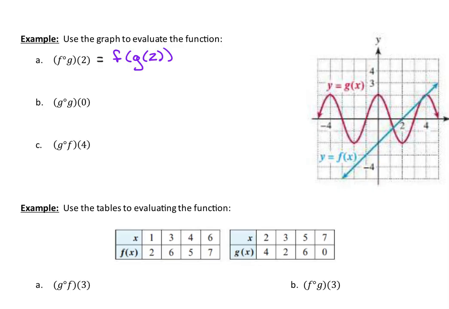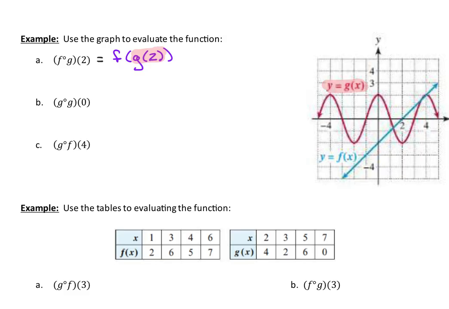All right, the first thing that we want to do is start by finding g of 2. And so remember, the 2 is inside the parentheses. It is an x value. We're going to come over and look at our red graph.